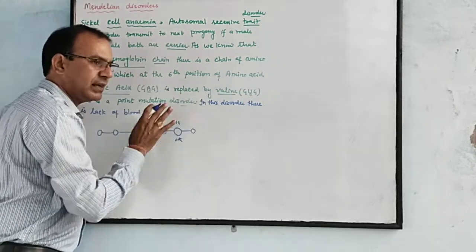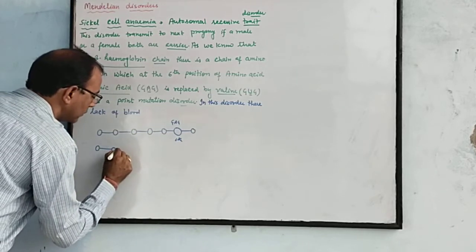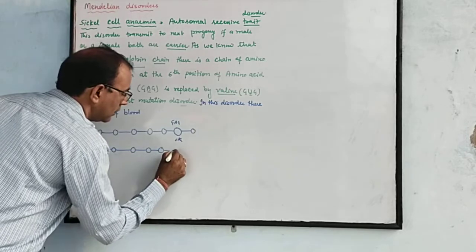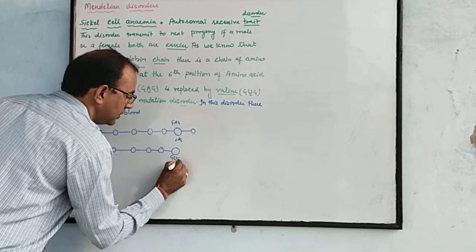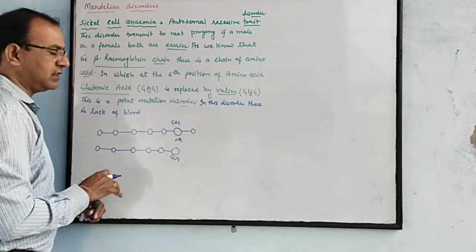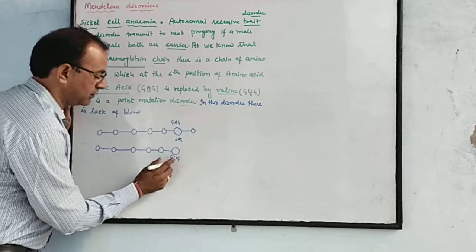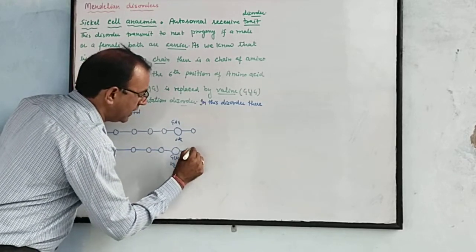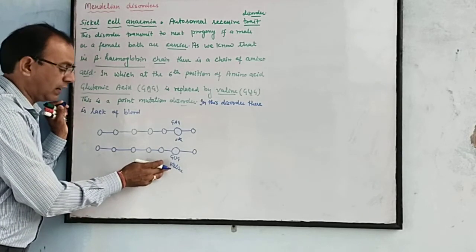So it converts into GUG. GAG is the triplet of glutamic acid, and GUG is for valine. So valine replaces glutamic acid.